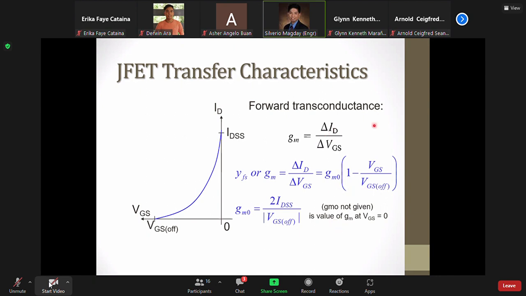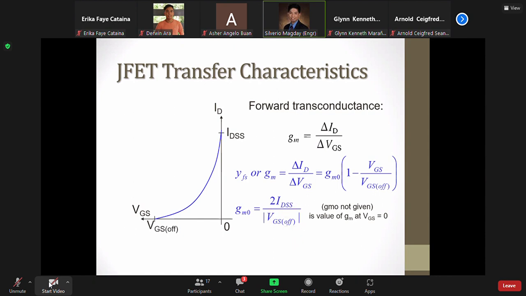So for the transconductance, ito yung calculation. Ito naman kapag taken at 0, so it is simply equal to, if VGS is at 0, twice your IDSS over your VGS off, or your VP, pinch-off voltage. Kaya ito naka-absolute value.